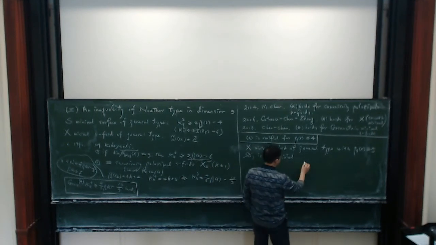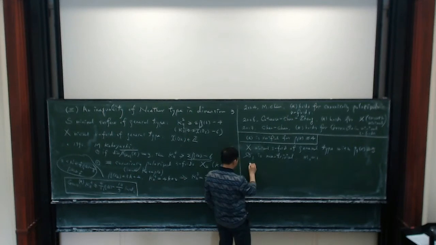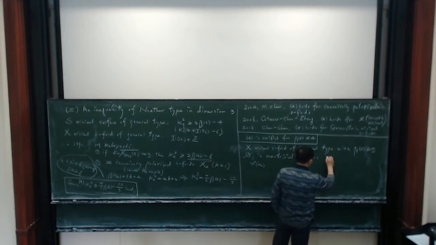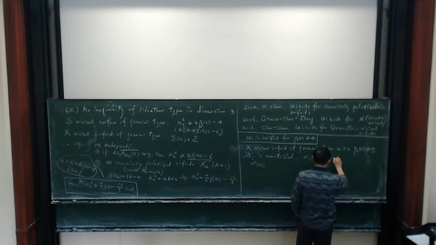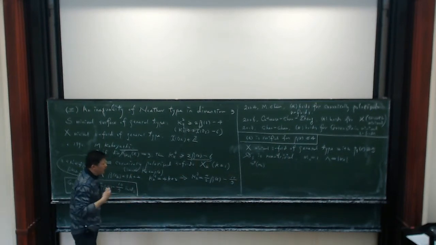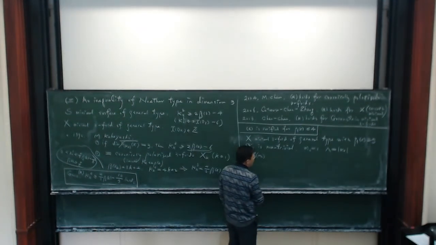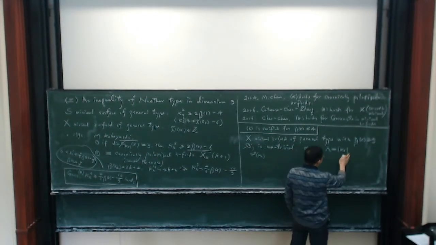In this case we set m naught to be 1, and we have pi up star of kx, and I take the linear system lambda to be kx in my setting yesterday.